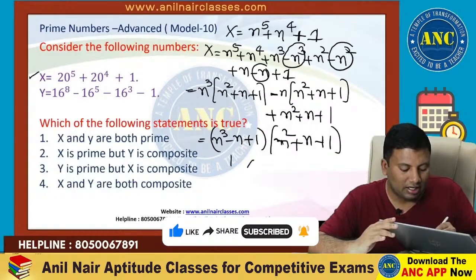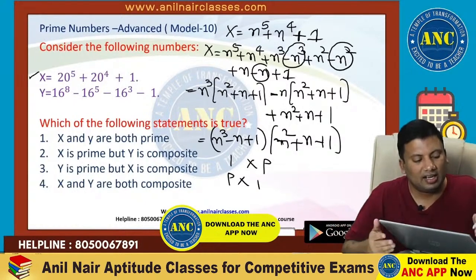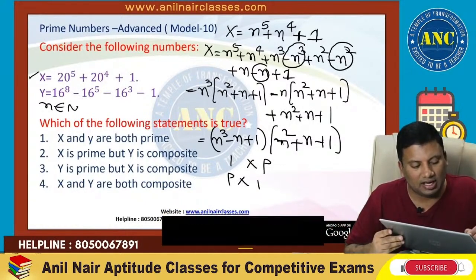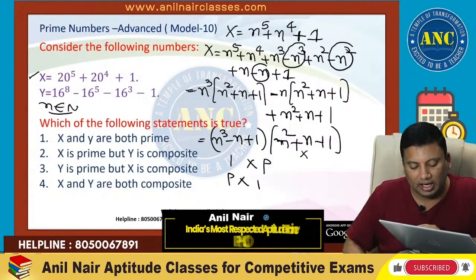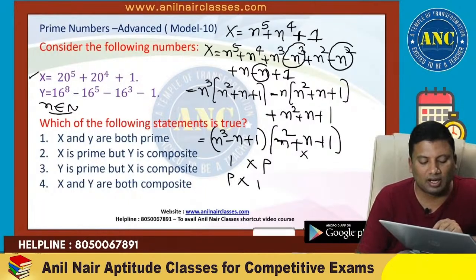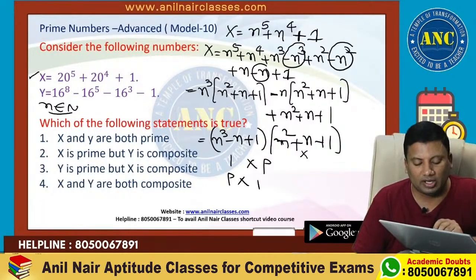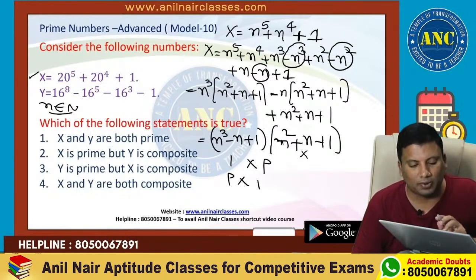Both of them are not giving me the value 1, right? Because n is a natural number, 1 plus positive will be positive. It cannot be 1. If n cube minus n plus 1 is 1, n into n square minus 1 will be 0. That is also not possible.